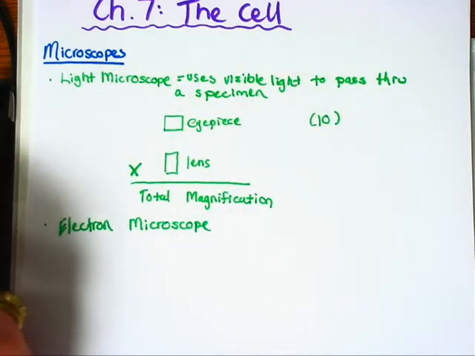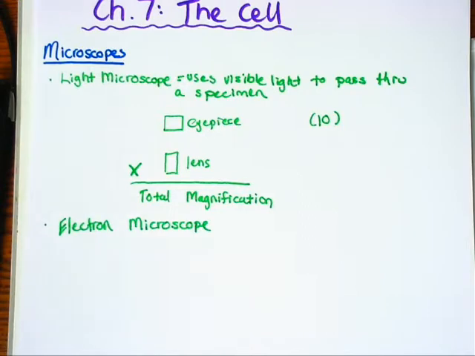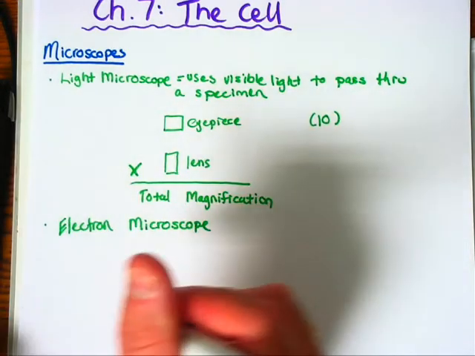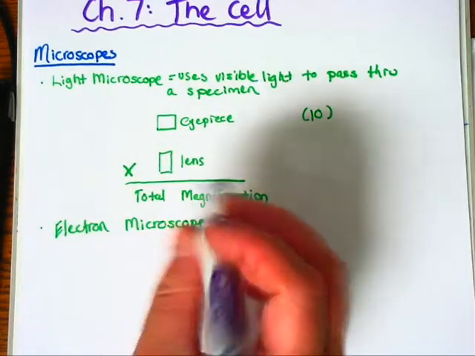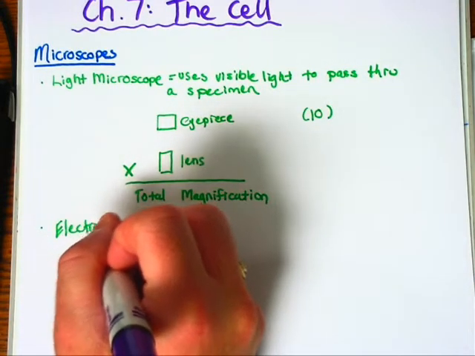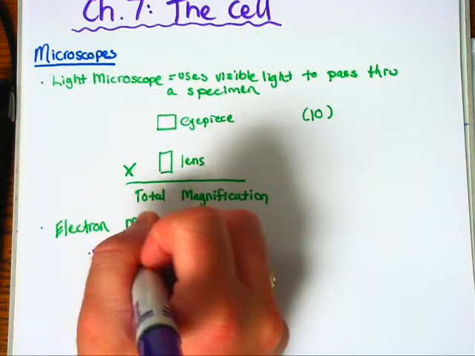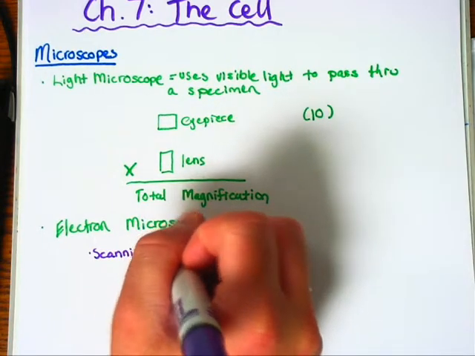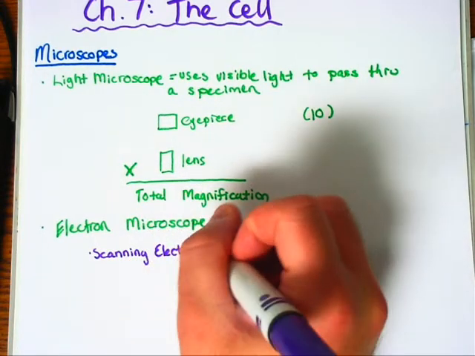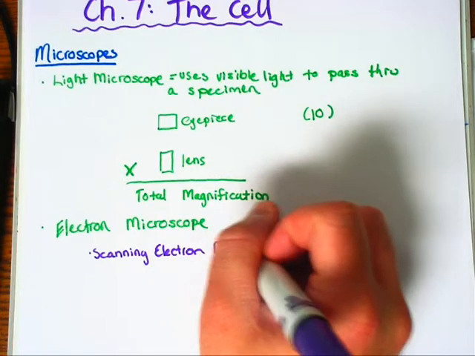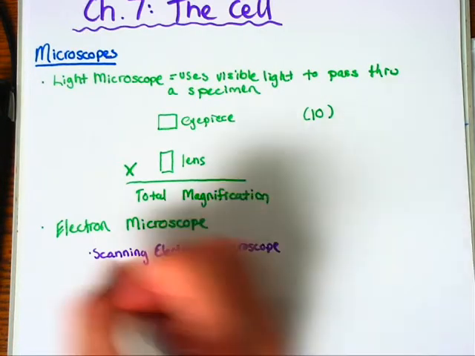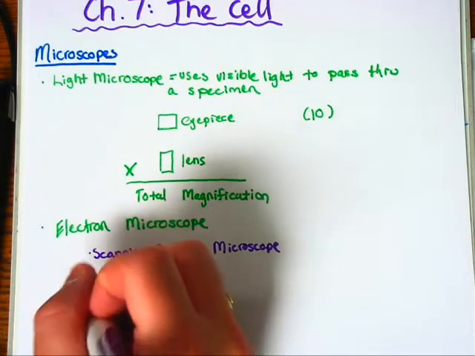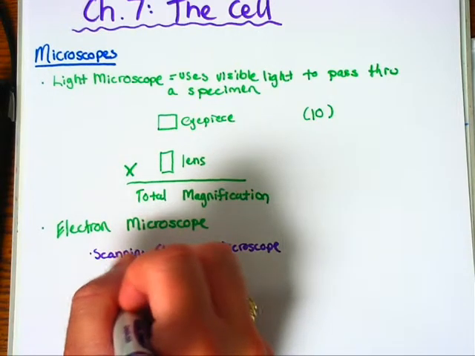Now when we focus on the electron microscope, there are two types that we would want to discuss. The first type is something called a scanning electron microscope. And the second type is the transmission electron microscope.